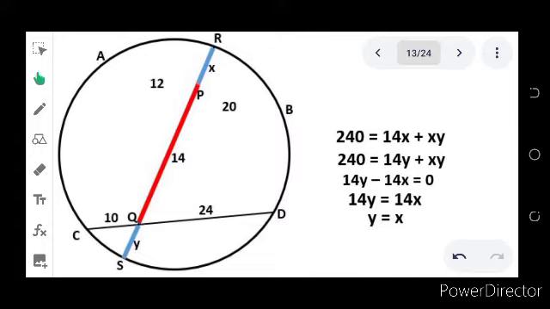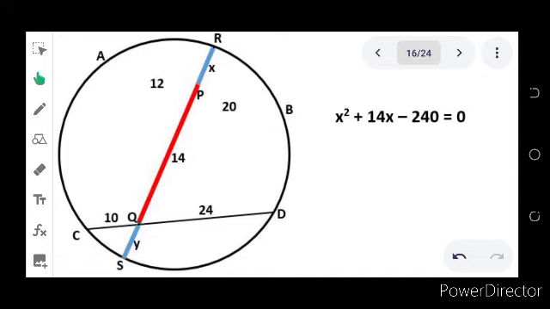And from this, we can substitute either x by y or y by x. If we substitute y by x, we can use any of the previous equations. We can have 240 equals 14 plus x times x. This will give you 240 equals 14x plus x squared. So we now have this quadratic equation.